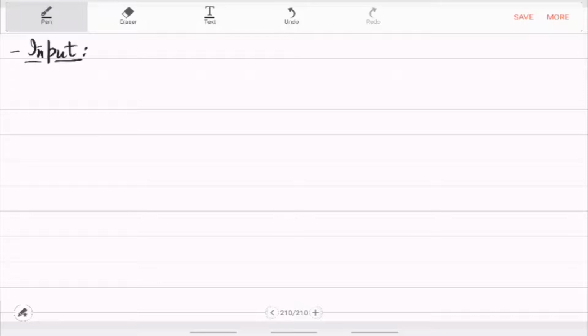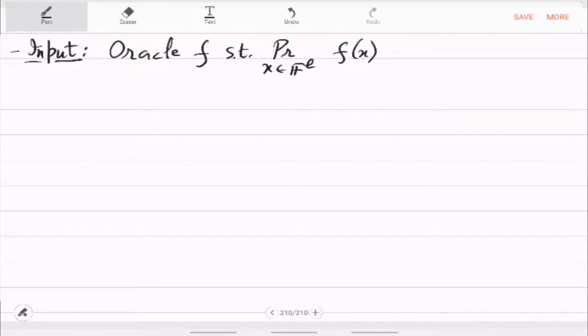In the input you are given oracle f such that the evaluation of f on the point should match with p on a lot of points, but this is much less than half.